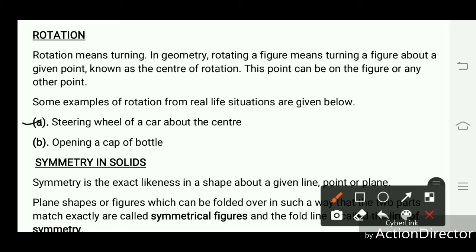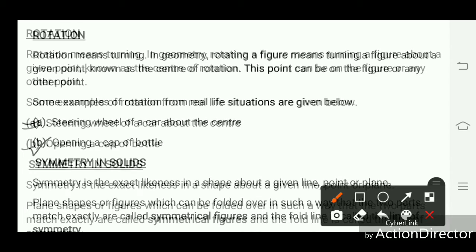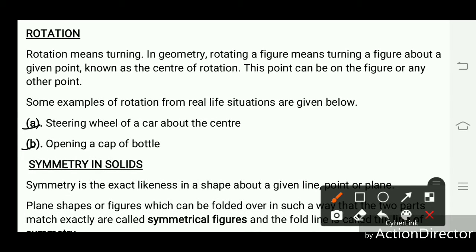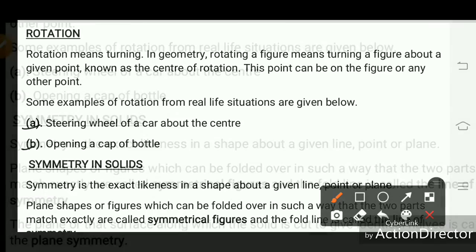When we move, the steering wheel of a car rotates about its center. Now example B, opening the cap of a bottle. The needle or hands of clocks rotate about its center. So these are some examples of rotation.